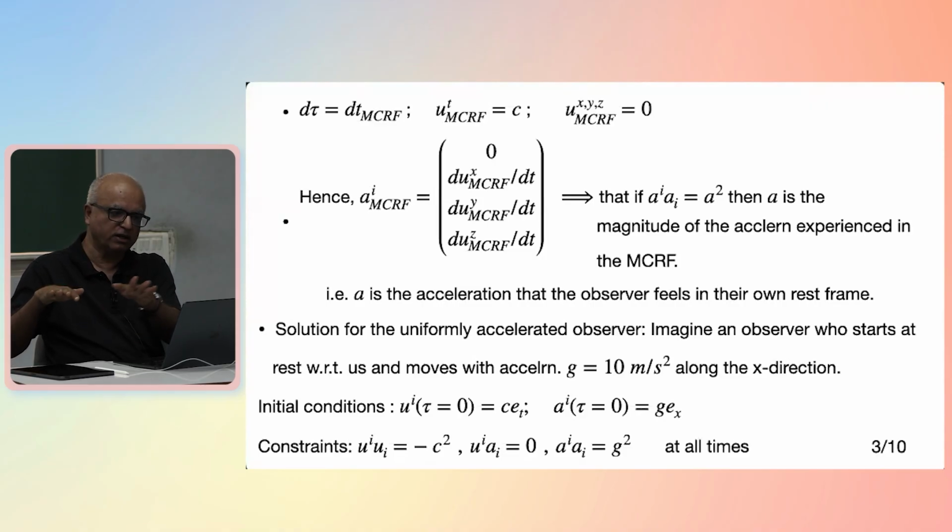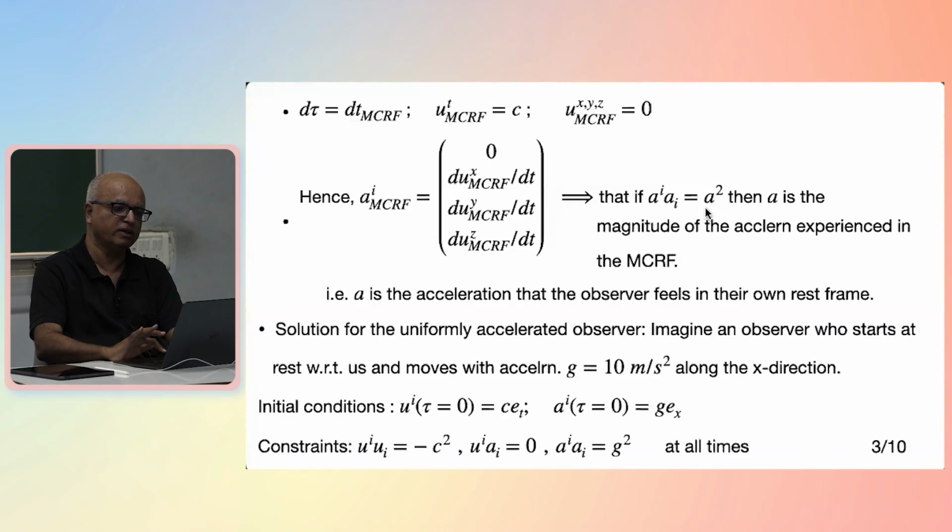The 4 acceleration a is equal to the magnitude of the acceleration as experienced in the MCRF. In the MCRF, I am an accelerating particle. I am an accelerating observer in the MCRF, and how much is my acceleration as measured in the MCRF?